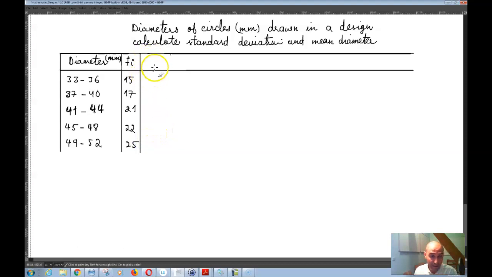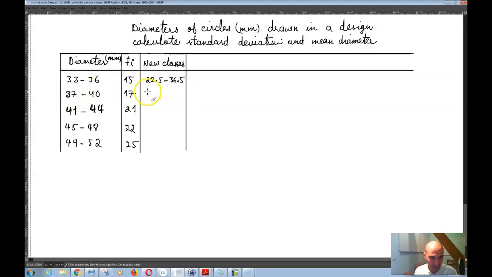And then these new classes go from basically 32.5 all the way up to 36.5.